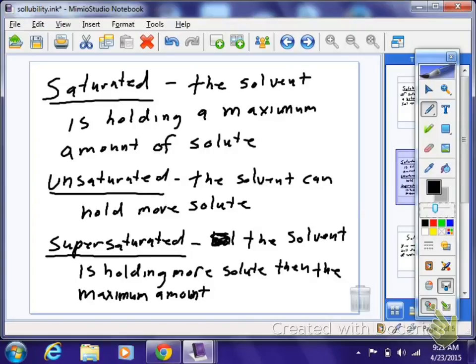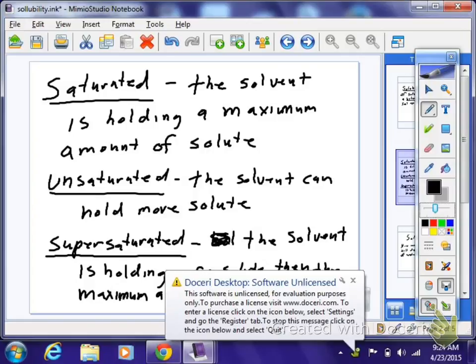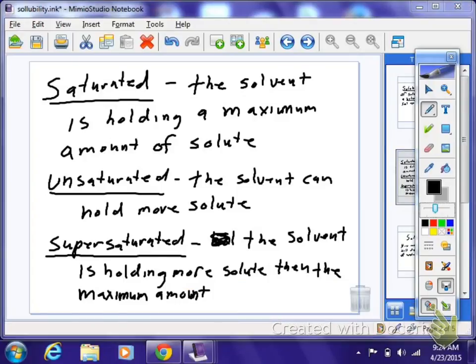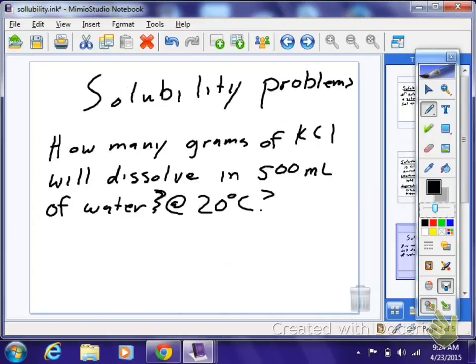Let's go ahead and see what's going to happen. Okay, so what we're going to do, using page 410 from the book, is we're going to do some samples of ratios. And all they are is just ratios. Okay, that's all we're going to be doing. So this is the first one we're going to do. You have to look up KCl at a temperature of 20 degrees Celsius.